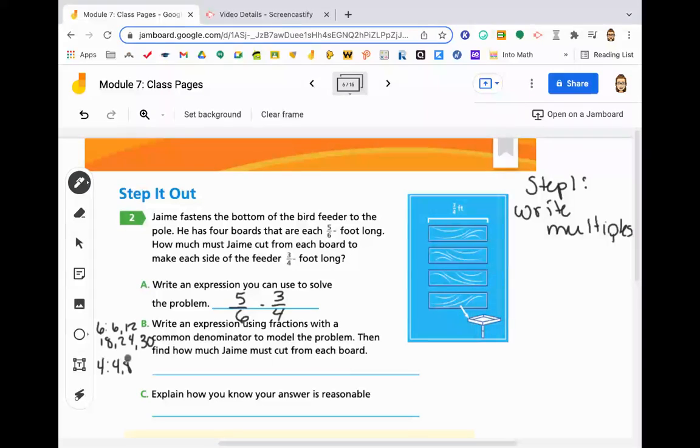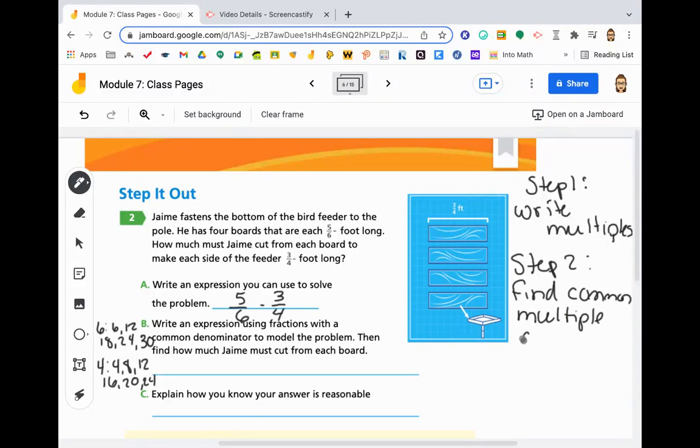So we're going to go 4, 8, 12, 16, 20, 24. So step 2, find common multiple, or common denominator. So here it would be 12 is my lowest one, so I like doing that.